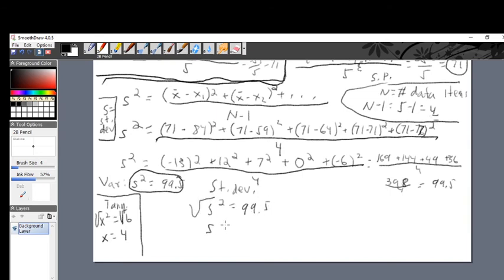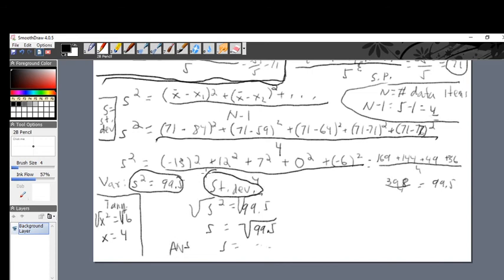That's the standard deviation. If you take the square root of the left, you've got to take the square root of the right. So s is equal to, I don't have the calculator at hand, you take out your calculators, take the square root of 99.5, and whatever that number is, that is the answer for standard deviation.